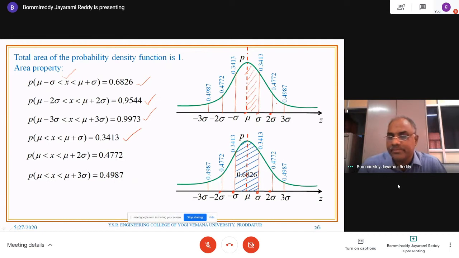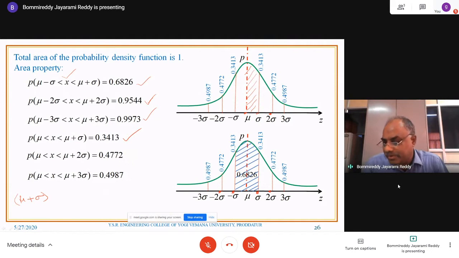Similarly, the other half. So this will be useful for computing the probability of occurrence of the cube strength values. Particularly from these different types of questions, sometimes the question is, what is the probability that the compressive strength attains mu plus sigma?